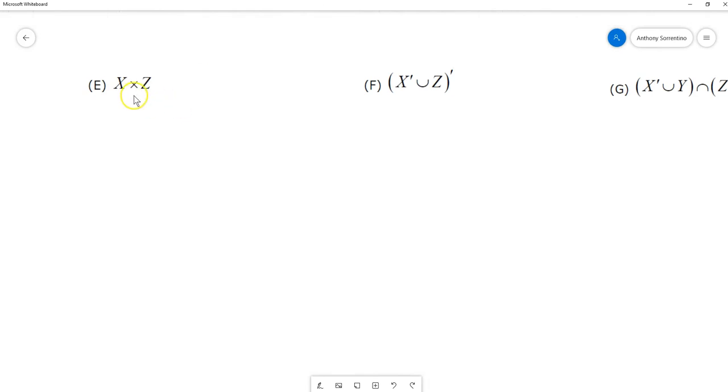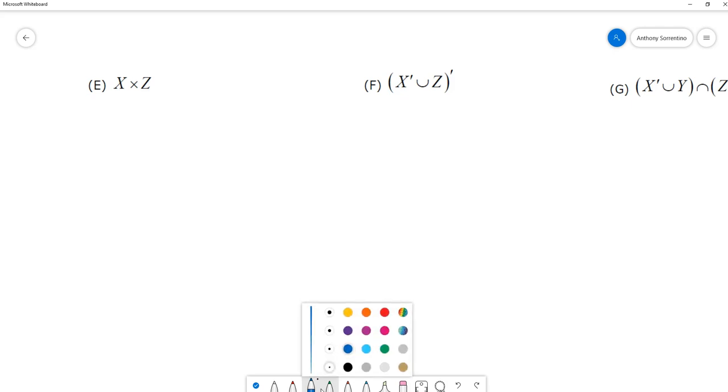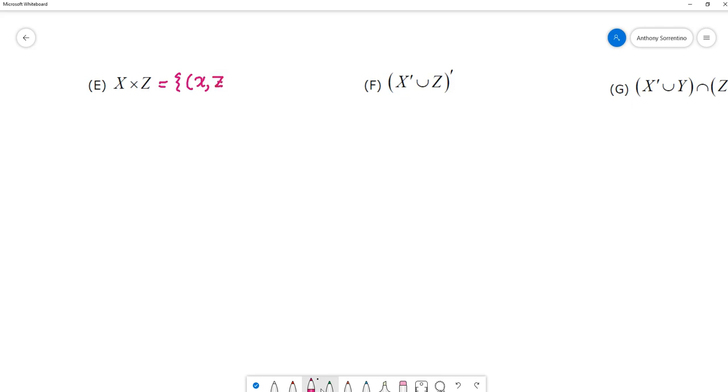Now this is indicating here a multiplication between sets. And what that means is that the answer to this is going to basically be the set of all possible ordered pairs where I take a member from the set X, a member from the set Z, and I make ordered pairs out of them.